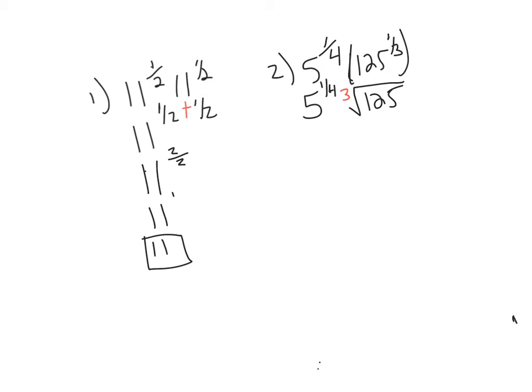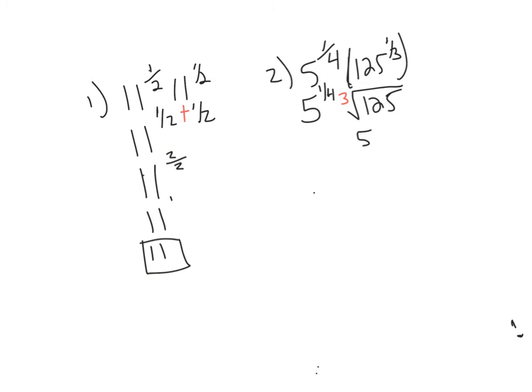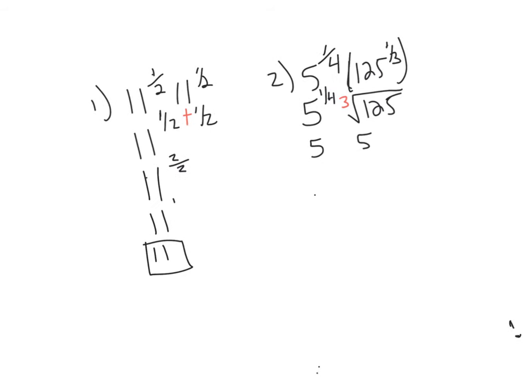Cube root of 125 is 5. So really here we have 5 to the 1/4 times 5 to the first, times 5.